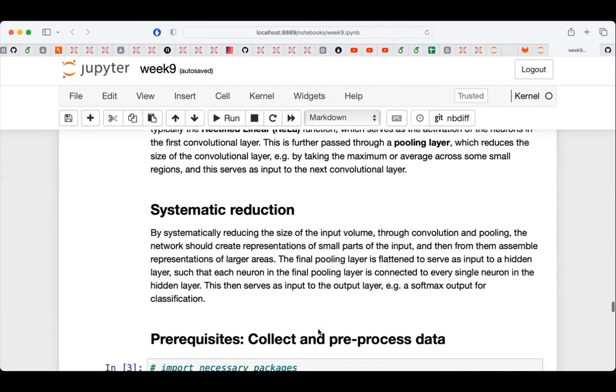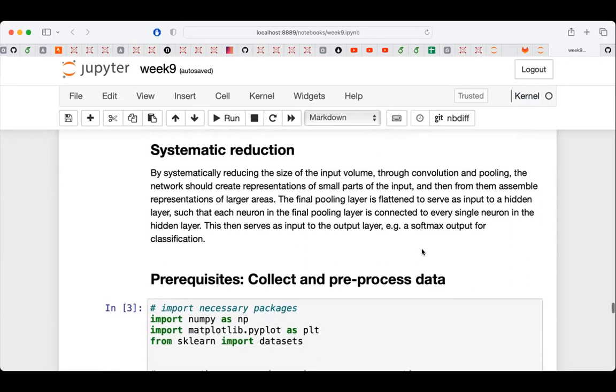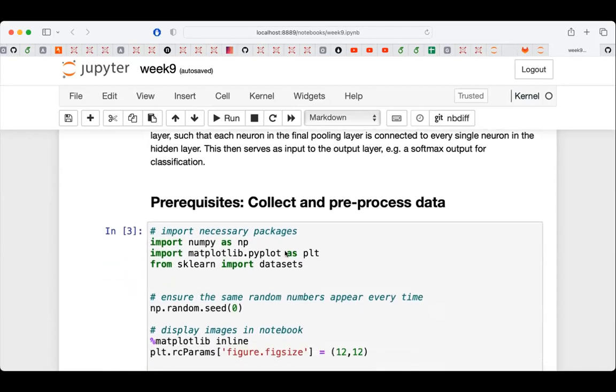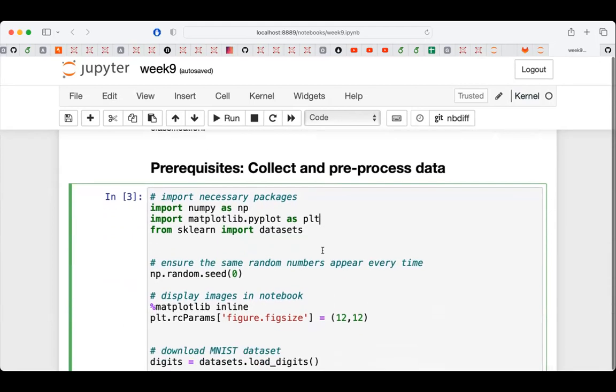So there is a systematic reduction of the size of an image through different convolutions and poolings. So you're not limited to only one convolutional layer. But if you want to write, let's say, your own code, I would normally recommend just using one convolutional layer at the beginning.